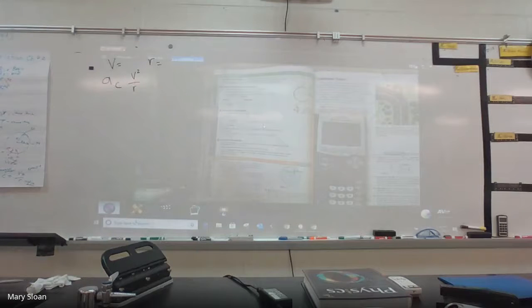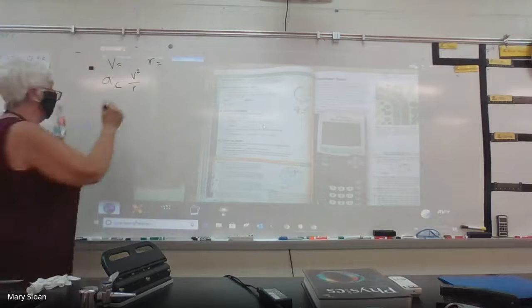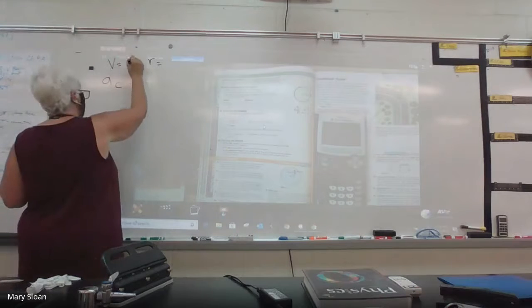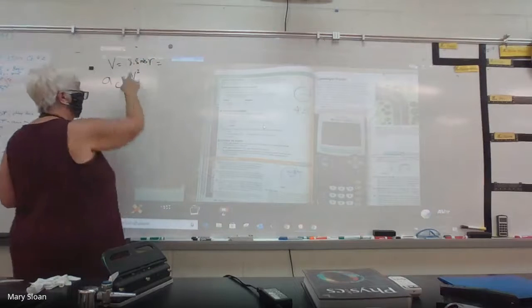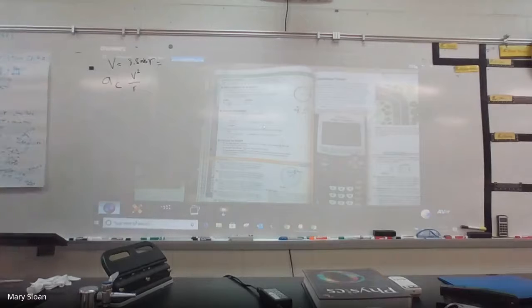A runner is moving at a speed of 8.8 meters per second. Which one is that? Velocity. So that is 8.8 meters per second, my first one. It says round the bend with a radius of 25 meters.